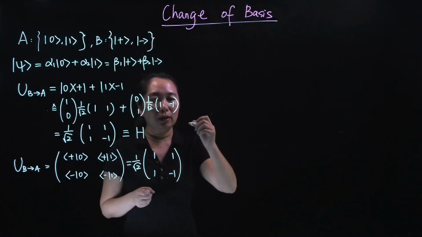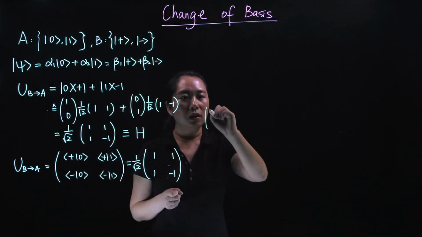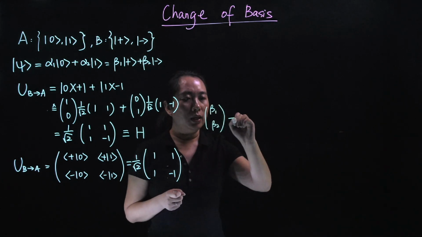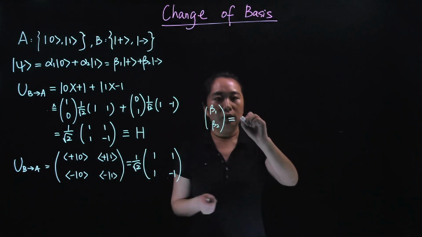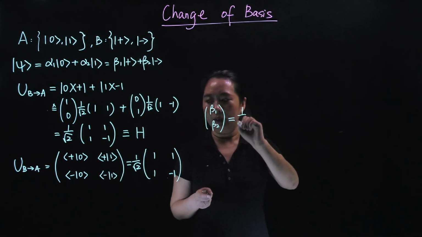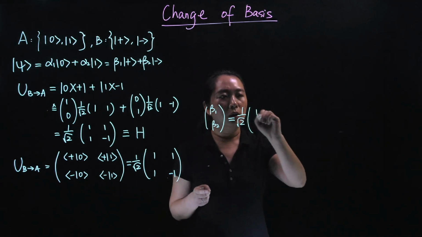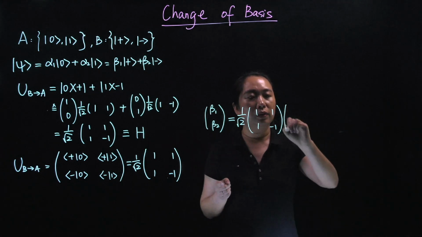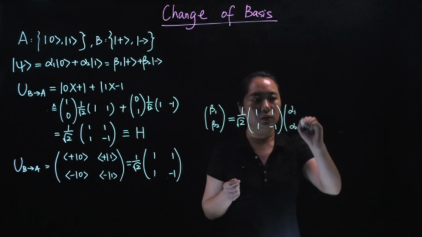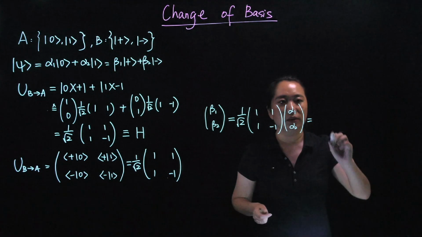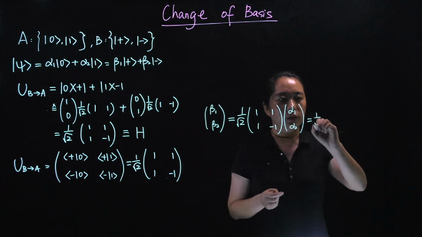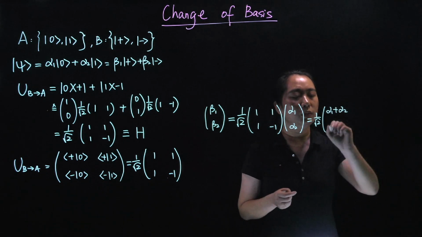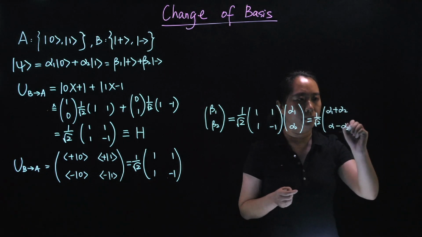So now we can work out the column beta 1, beta 2 as this matrix, the Hadamard matrix, 1 over square root 2, 1, 1, 1, minus 1, multiplied with the column alpha 1, alpha 2. This would give us 1 over square root 2, alpha 1 plus alpha 2, alpha 1 minus alpha 2.